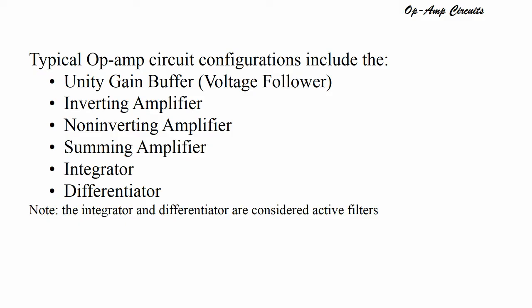Then we will see the inverting amplifier, non-inverting amplifier, summing amplifier, integrator, and differentiator. Not only that, we will also see filters, and these filters will be our next lecture. For this particular lecture, we will see the following amplifiers.